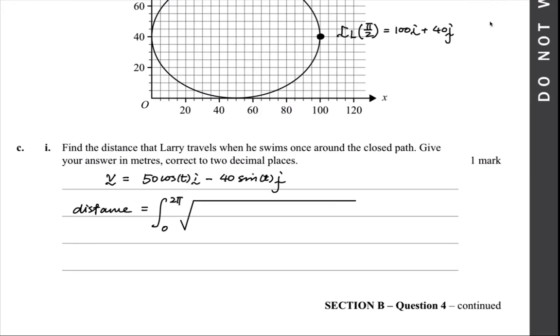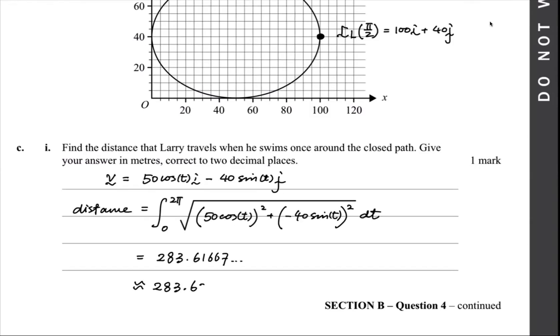And take the square root of (dx/dt) squared plus (dy/dt) squared. So (50 cosine t) squared plus (minus 40 sine t) squared dt. Don't forget your dt. Using your CAS calculator, you should evaluate that to 283.61667, etc. Correct to 2 decimal places, 283.62 meters. Okay?